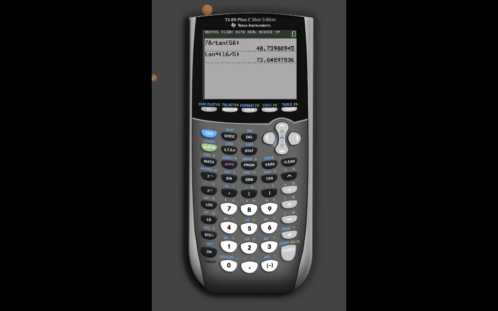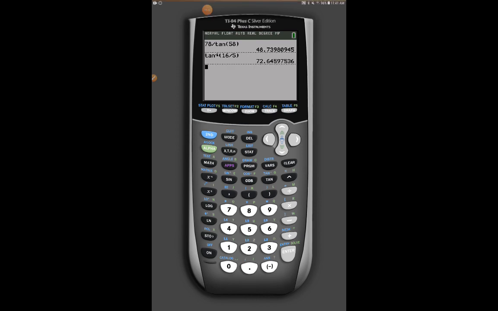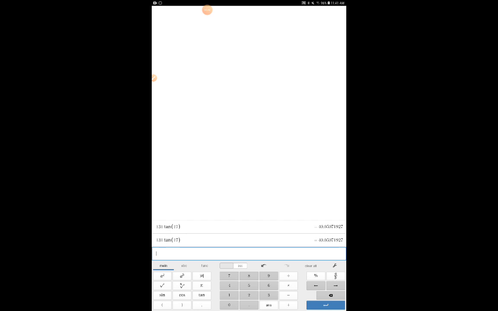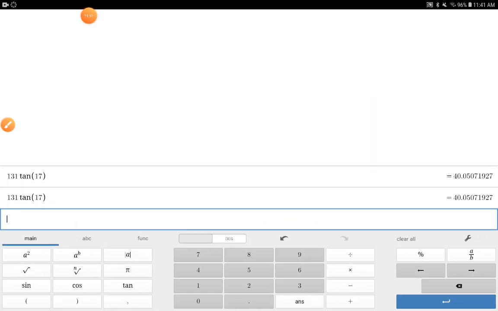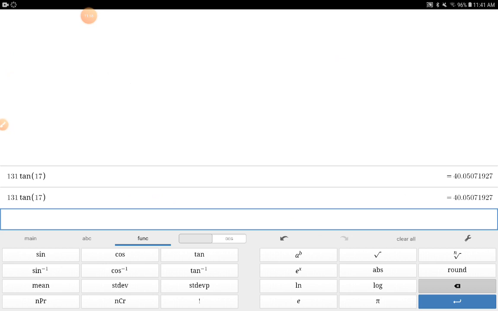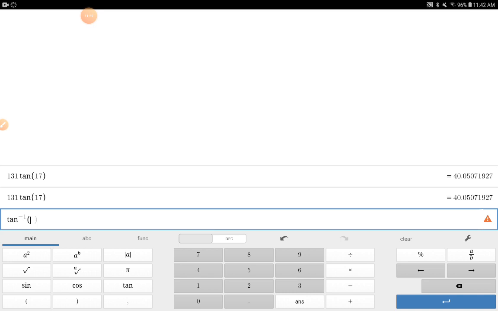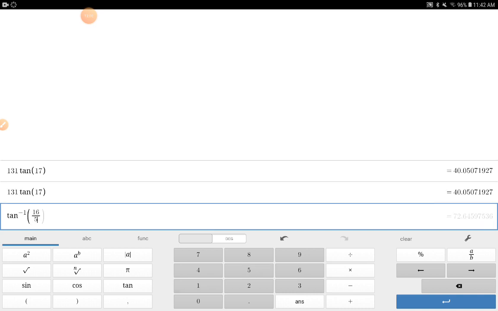We hit enter and we get 72.64. That 4 is going to tell the 6 to stay. So we have 72.6 degrees. If we use our scientific calculator in the Desmos calculator, remember we're going to go over to function and hit tangent -1 and then 16 divided by 5.